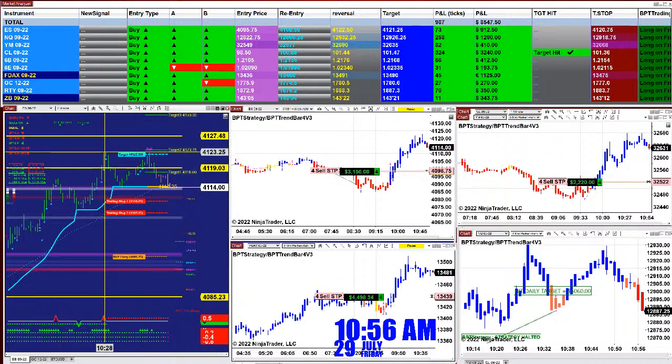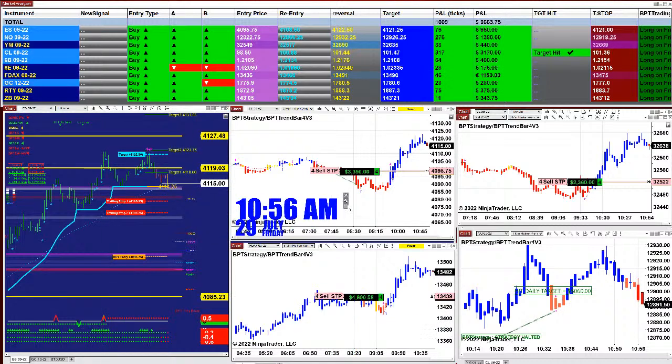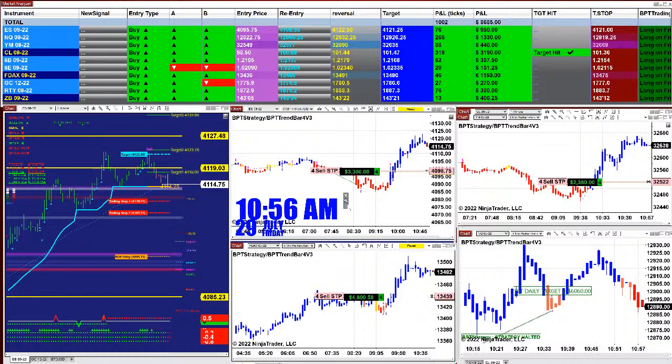From 10:28, target 2 achieved. Now it's 10:56. Half an hour in the market, and what did we say before the market hit target 2? It will stay half an hour between target 2 and target 1. And that is exactly right now, almost half an hour between target 1 and target 2.